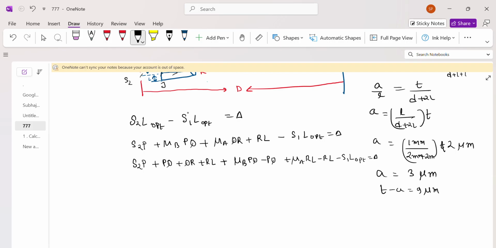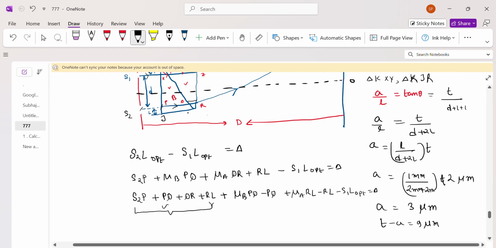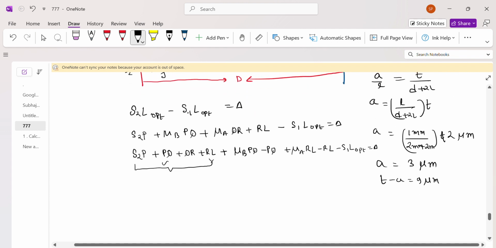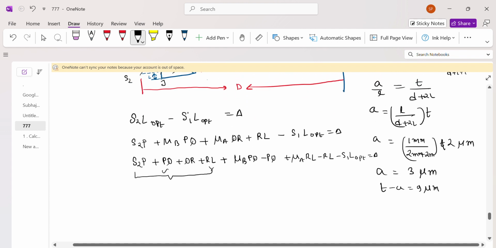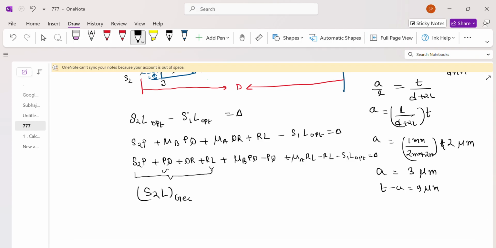This is delta. I have just added and subtracted this PQ and QR, and there is a reason behind it. I will show you in a while. Now I will club these four terms together. So this is the geometrical path, this is the S2L geometrical.